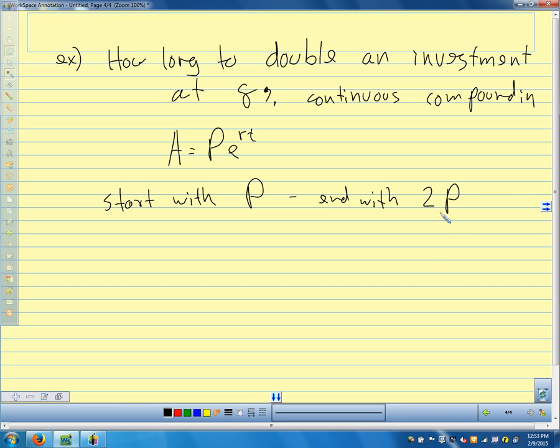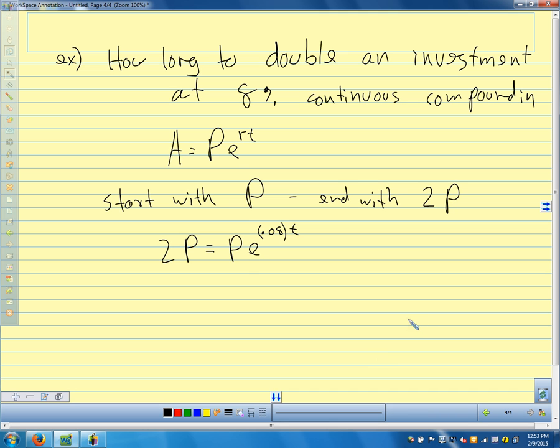So this is our amount that we want to end up with. So I say 2P equals P, whatever it is, e to the 0.08 for our rate times T.